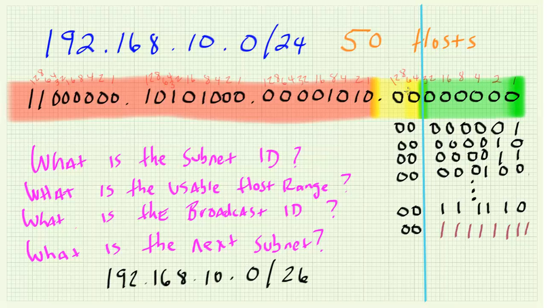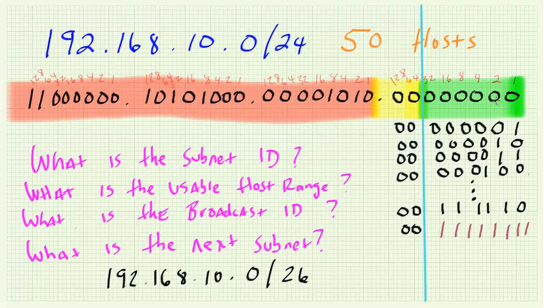That leaves these 2 bits that I've highlighted in yellow to provide the subnetwork ID. So the subnet ID for this first subnetwork is 192.168.10.0/26.